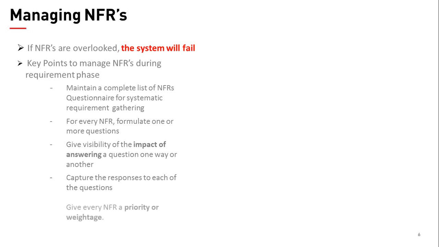Let's say we have an NFR around availability. If you have to come up with the questionnaires for availability, it should be regarding system uptime, which can be measurable in terms of your mean time between failures, MTBF, and MTTR, mean time to repair.